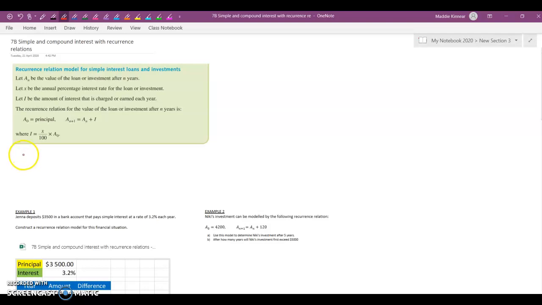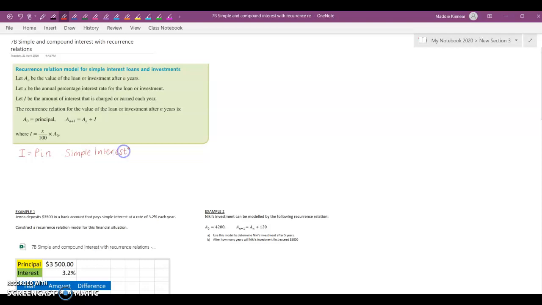So just to remind you, we have two formulae, one for simple interest, which is I equals, so the interest earned equals the principal times the interest rate times the number of periods, or usually the number of years that this is invested or borrowed over. So this one here is for simple interest.